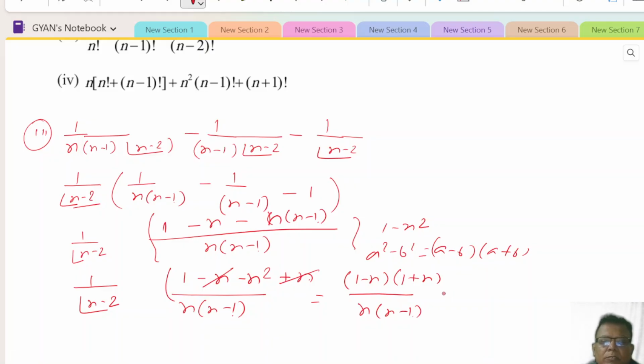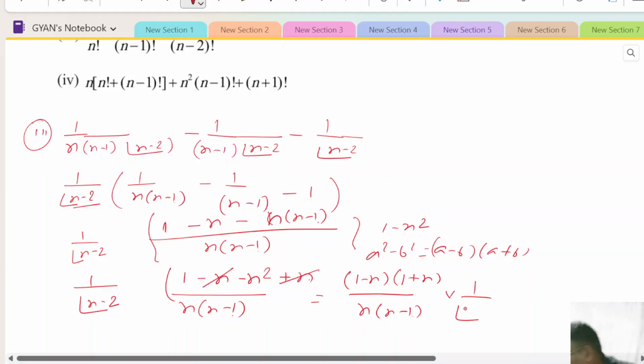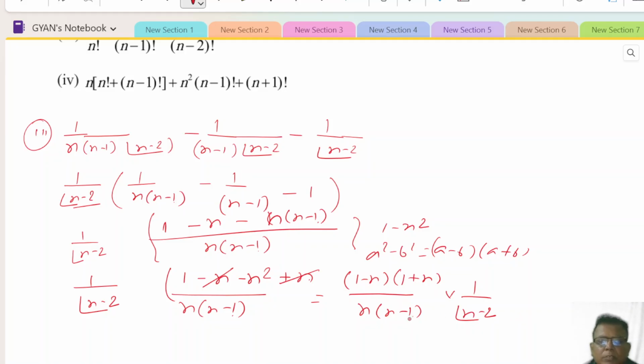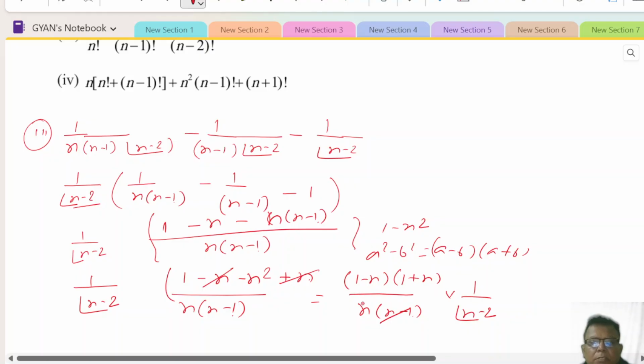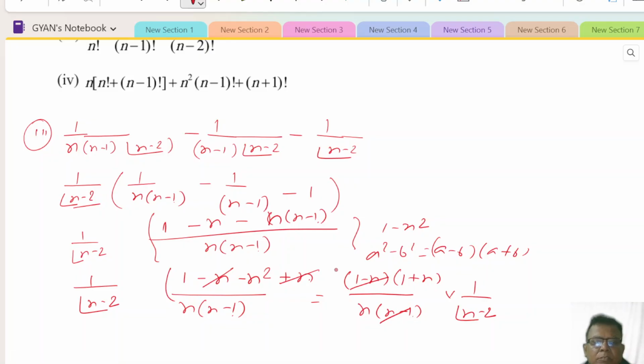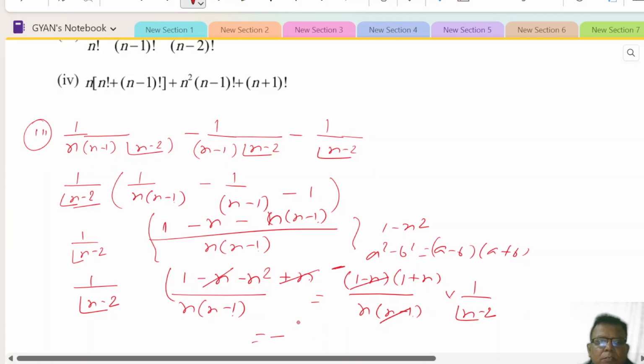So that is equal to 1 by n minus 2 factorial. Now this one cancels: n minus 1 and 1 minus n, so this will become negative. So negative n plus 1 divided by n into factorial n minus 2 is the answer after simplification.